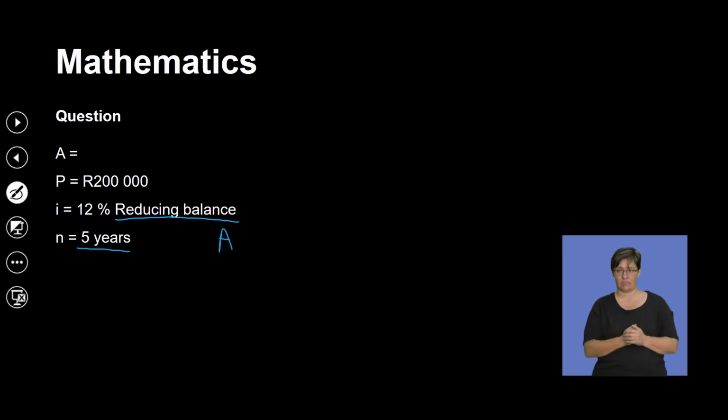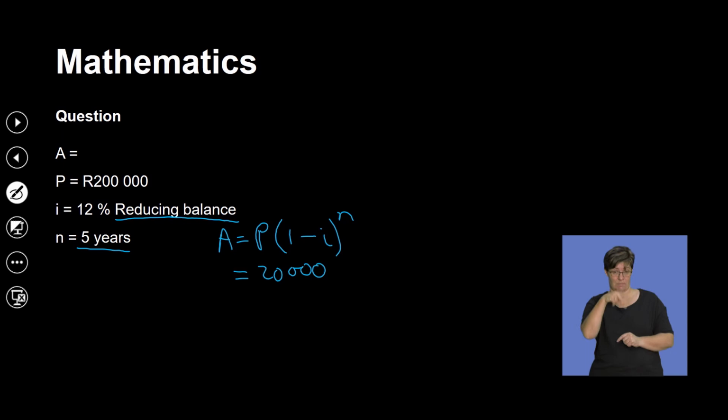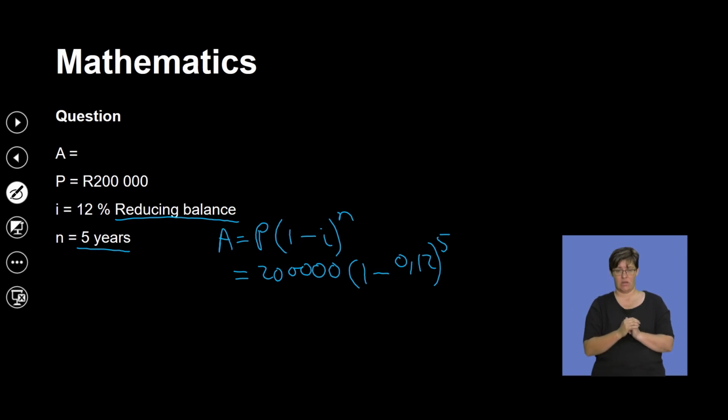So to calculate this, remember you start with the formula P(1 minus i) to the exponent of n, and my P value is the 200,000 times (1 minus my i, which is 12%, so that's 0.12), and then this is to the exponent of 5. Please remember that there is no compounding period when you talk about depreciation.